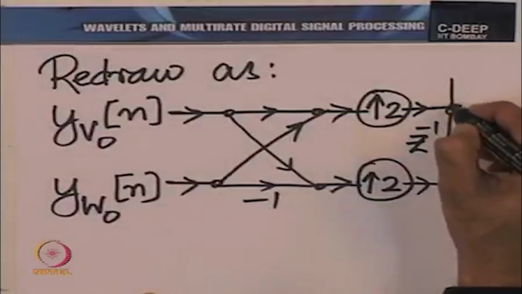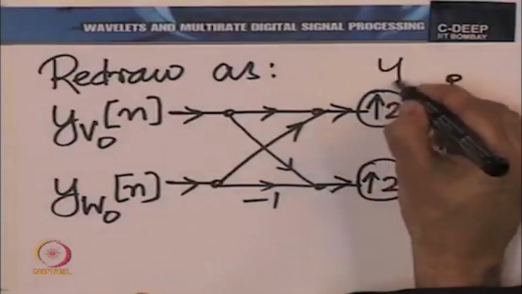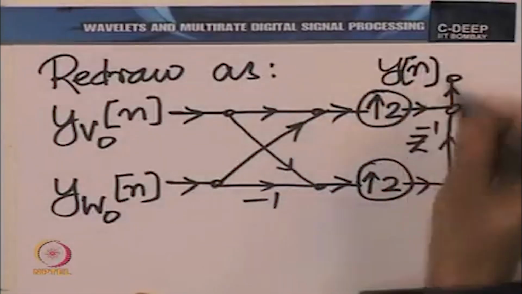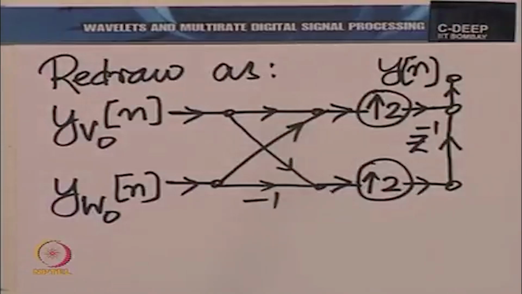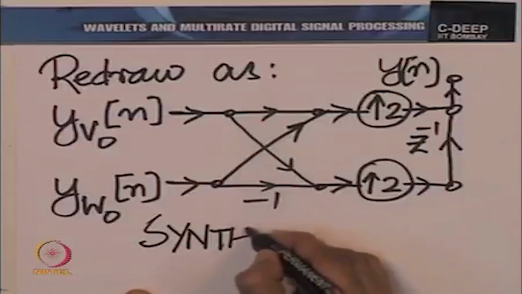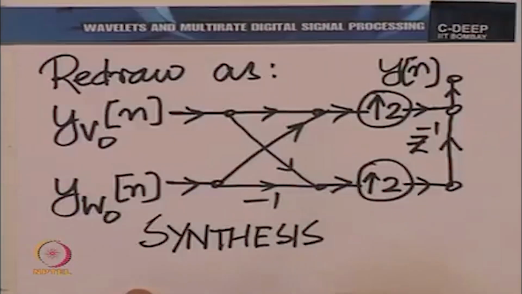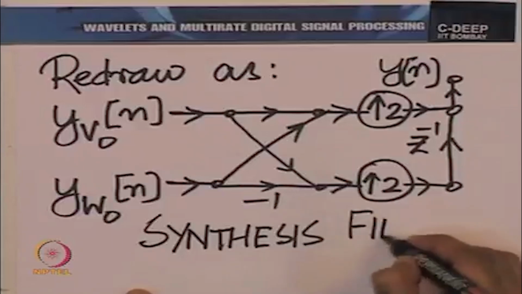And then you would have this together giving you the sequence that you desire, the sequence corresponding to y, which is yn. So, this is the synthesis. The synthesis process or the synthesis filter bank.